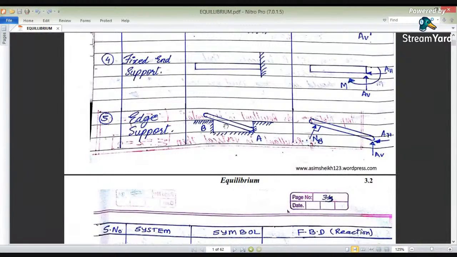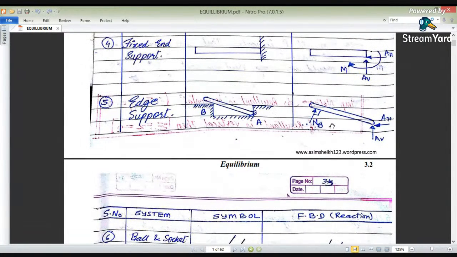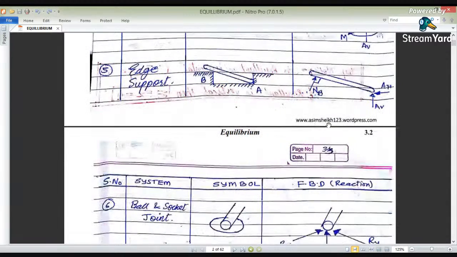So it depends upon whether the bar has been laid on a horizontal surface, or along a vertical as well as a horizontal surface. Here point A is in contact with a horizontal as well as a vertical surface, therefore we are providing two normal reactions. Here in this case there is only one contact surface, so we are providing only one normal reaction.